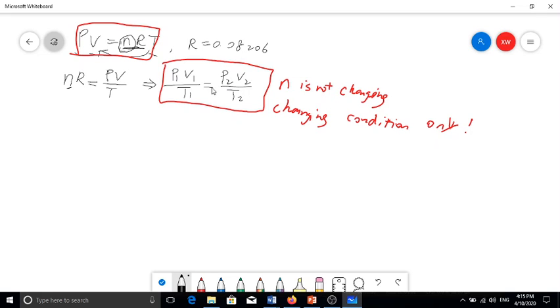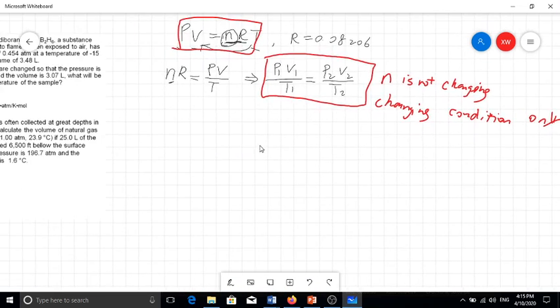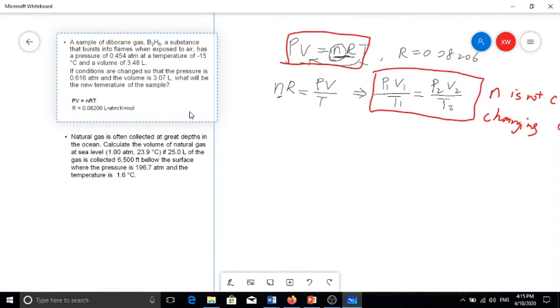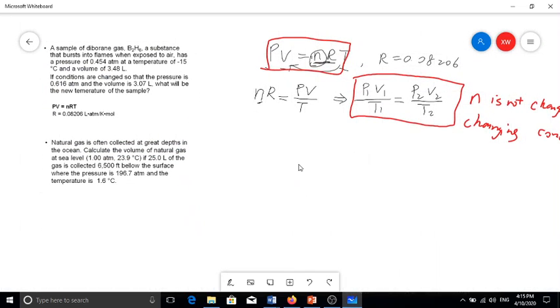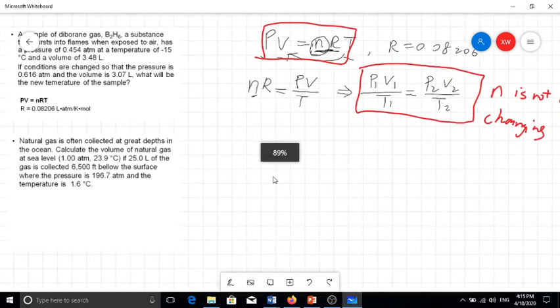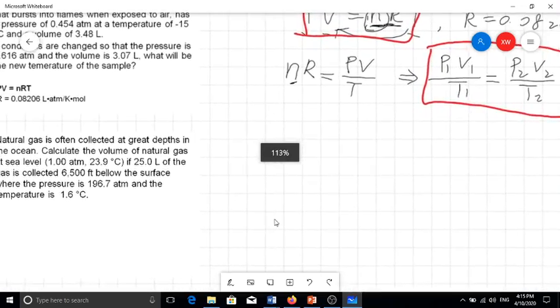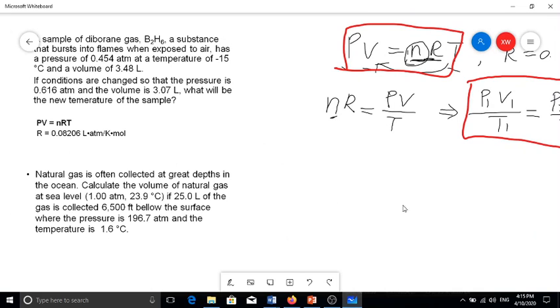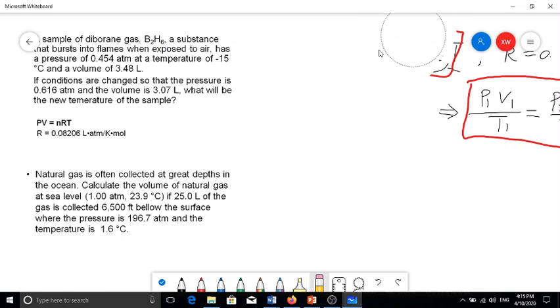Next, a couple of examples of a changing-condition-only situation and how we're going to use this formula to solve the problem. Let's take a look at a couple of problems here. As usual, I'm going to work out one of the problems, and then you can feel free to pause the video and try to work out the other one.